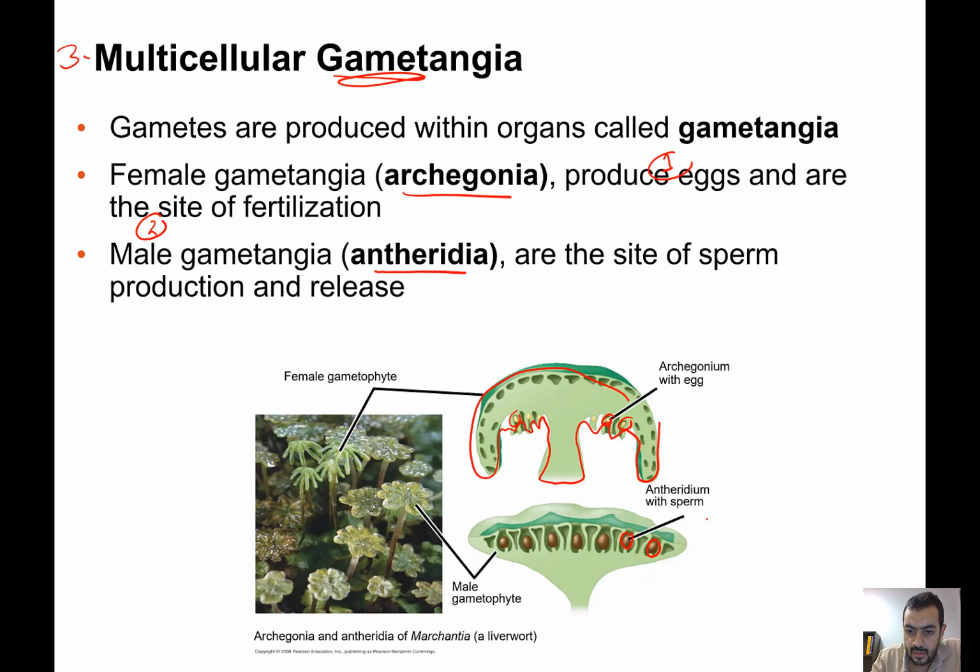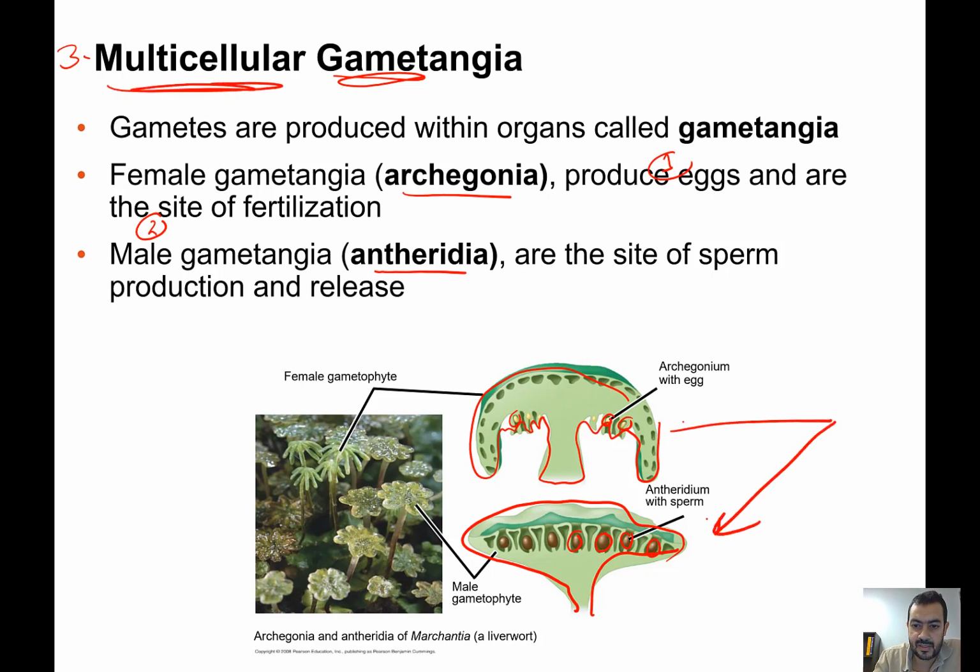So individual sperm are unicellular. Then the antheridia itself is a multicellular structure. Remember, multicellular gametangia. Each one of these gametangia is multicellular, and also, as we said, each of the stages is going to be a multicellular stage.